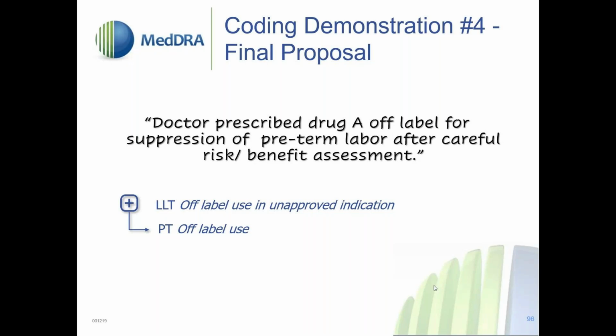But you would, of course, assume that if a doctor decides to provide a medication off-label to a patient for a given indication, that this is explained to the patient and that it is then actually taken. That's why we don't have specific terms for the administration of an off-label use in unapproved indication.